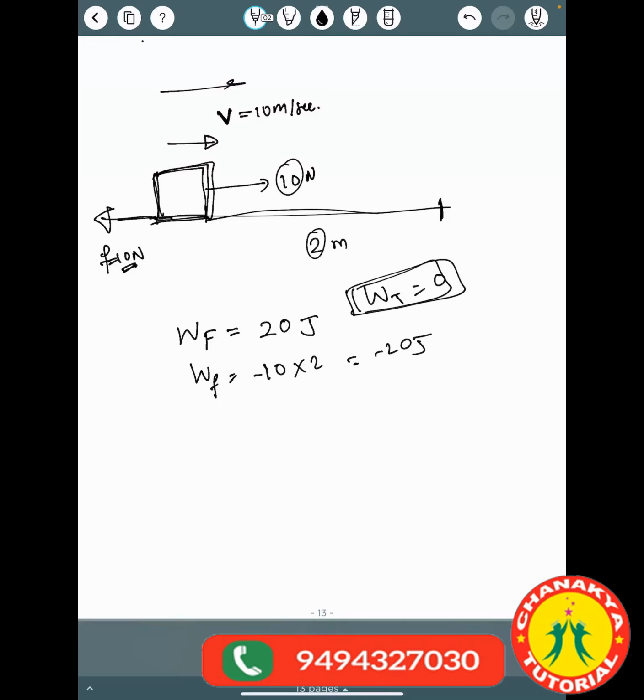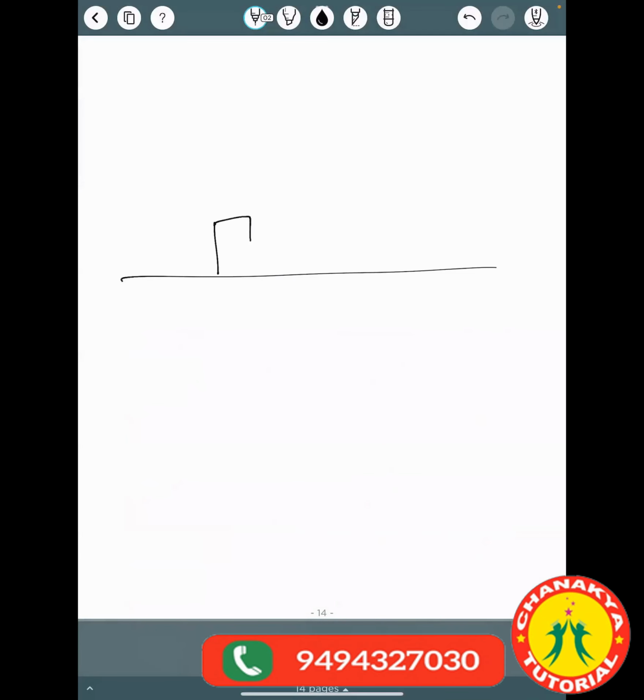So the twist is, if I keep one block on a rough plane, there is a friction. If it's at rest and I try to move this block, it will not move unless I apply a force greater than friction. For example, let us say friction was 10 Newton.